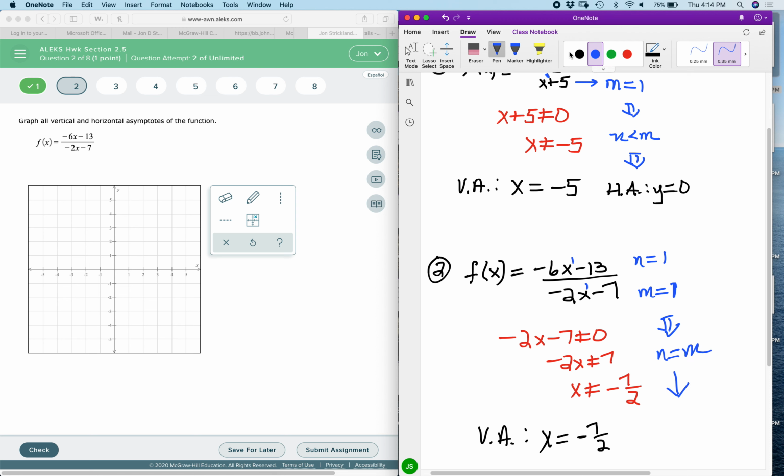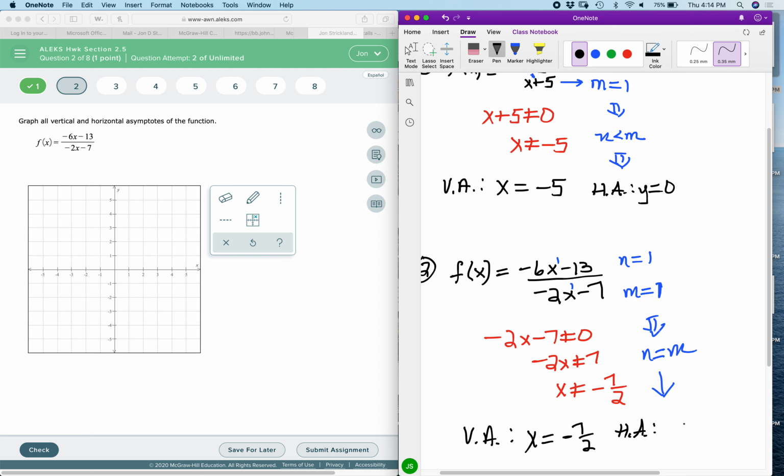For the horizontal asymptote, we take the ratio of the highest order terms, negative 6x over negative 2x, and the horizontal asymptote becomes y is equal to 3.